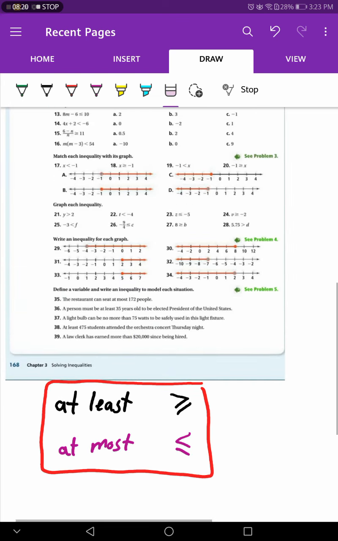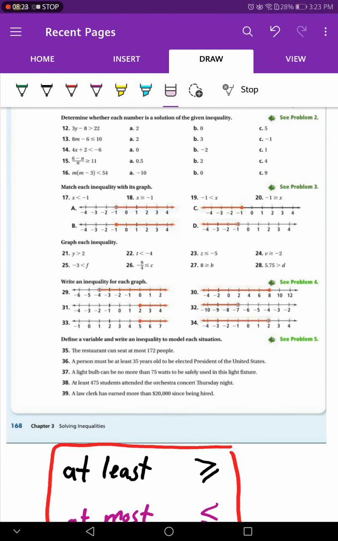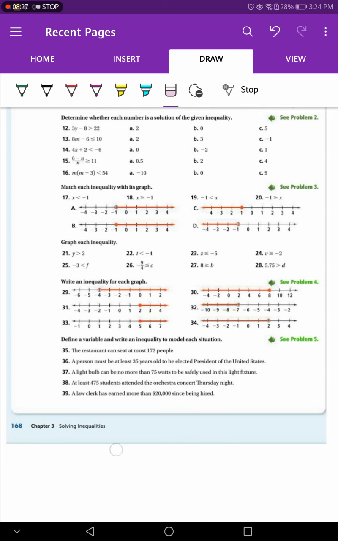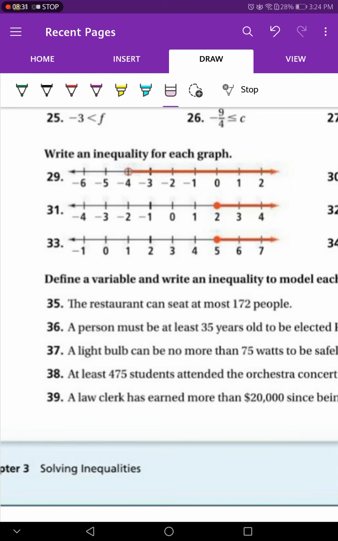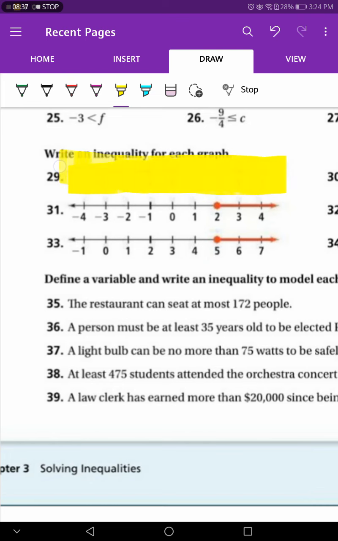Now, Ryan, I will move here and revise what we learned in the previous video, number 29. Write the inequality for this number line.